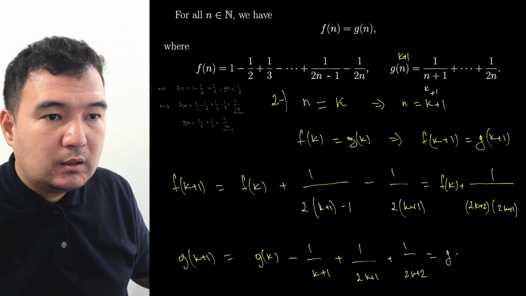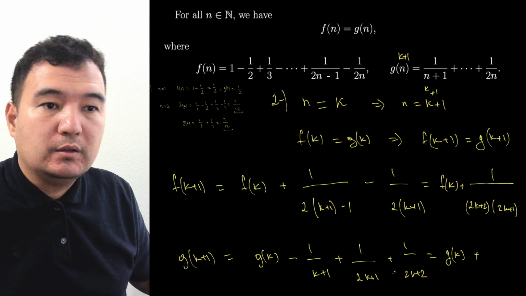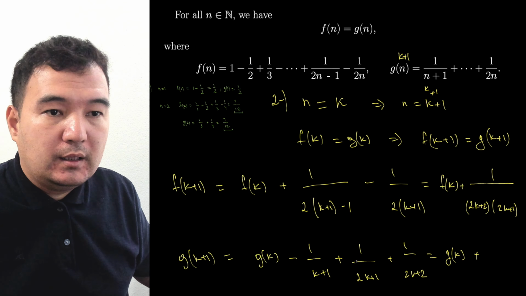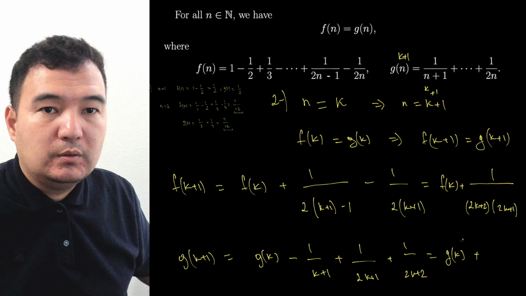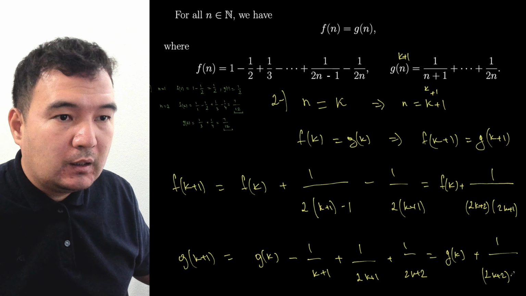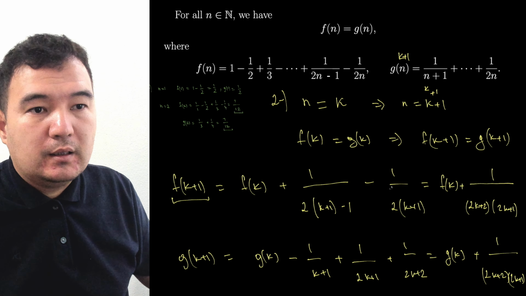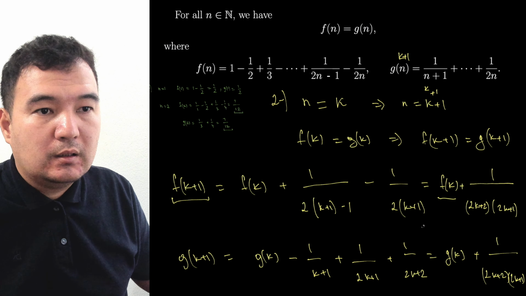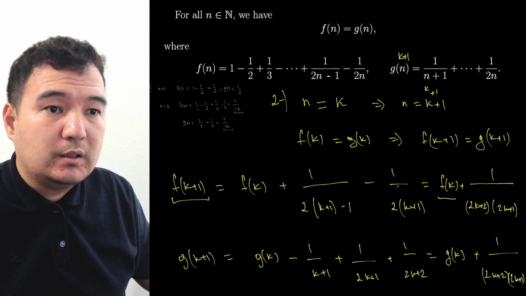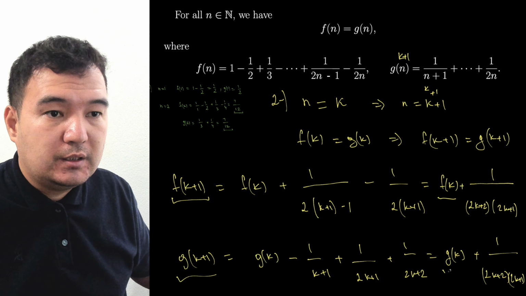If you do the common denominator of these three terms, you will get 2k plus 2 and 2k plus 1. So as you can see, there is a relation between f of k plus 1 and f of k, and between g of k plus 1 and g of k.